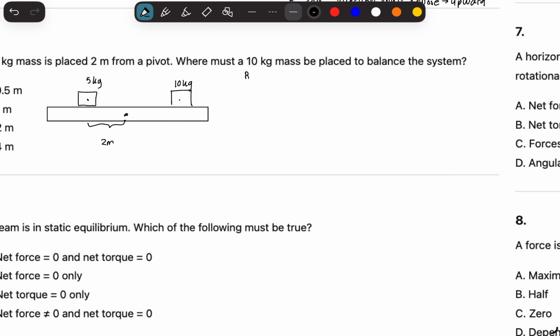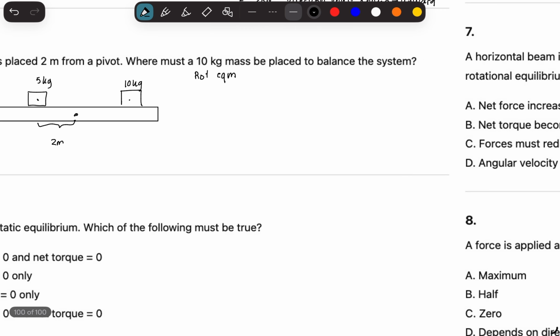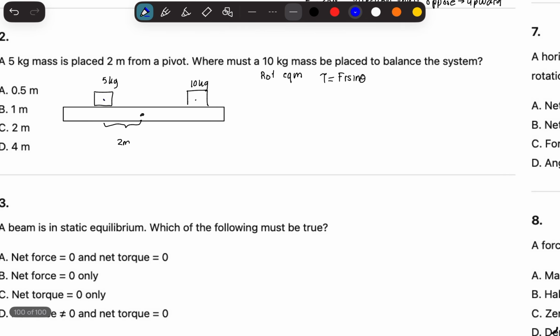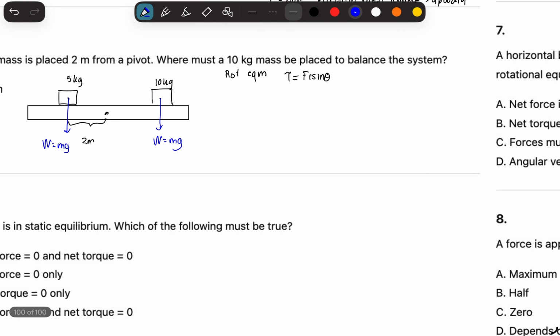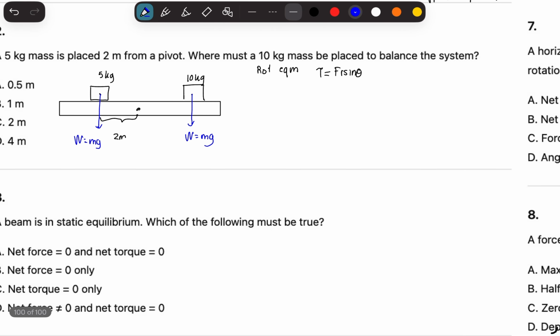So we have rotational equilibrium, and torque is equal to F R sine theta. So the block has a weight force equal to mg. The force acting on the surface is going to be perpendicular.